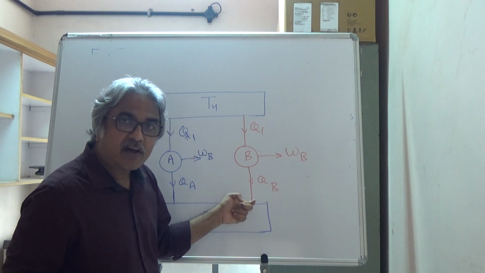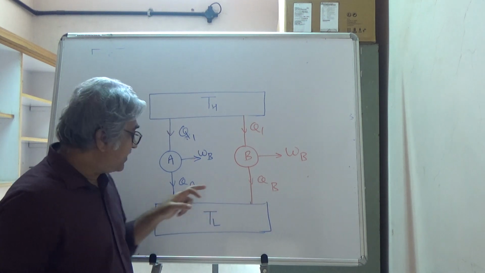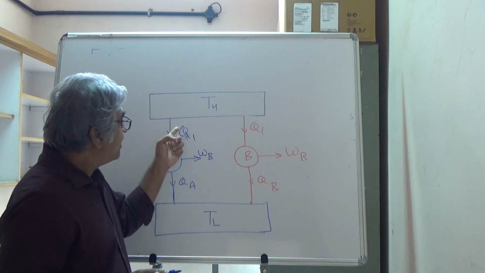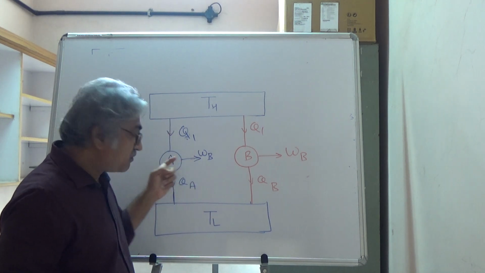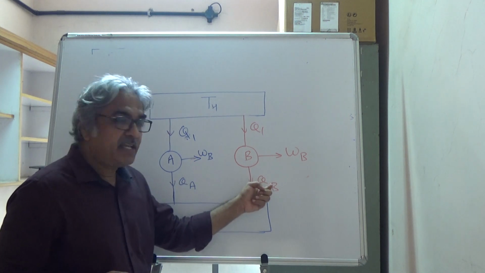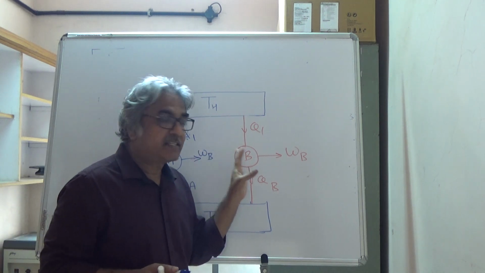Obviously less heat will be rejected. This one has less efficiency, less work will be produced, more heat has to be rejected. So QA will be greater than QB.